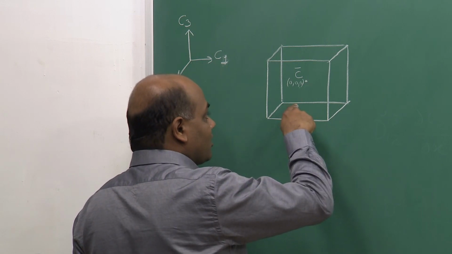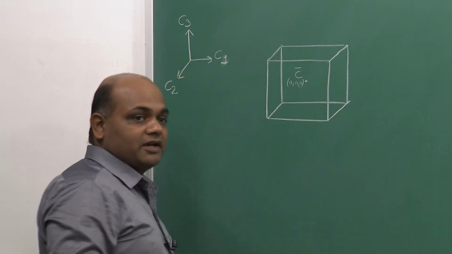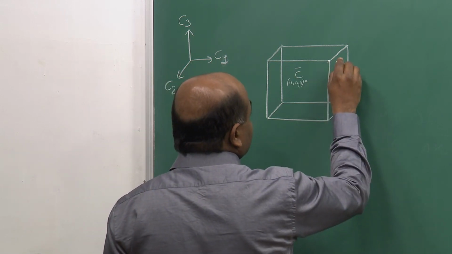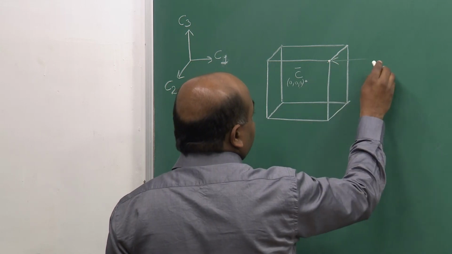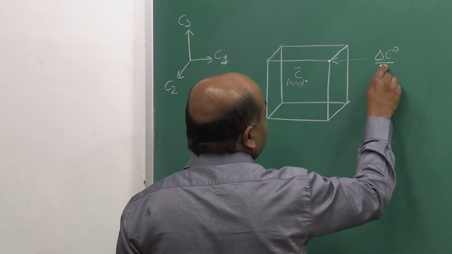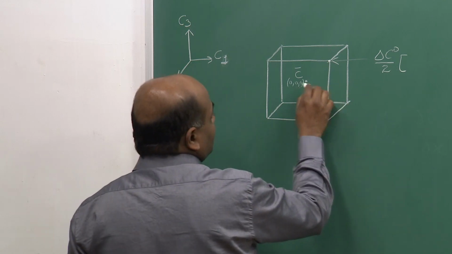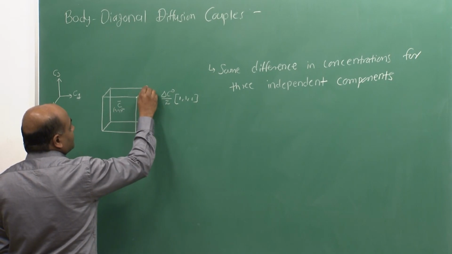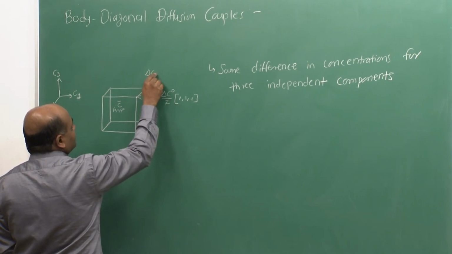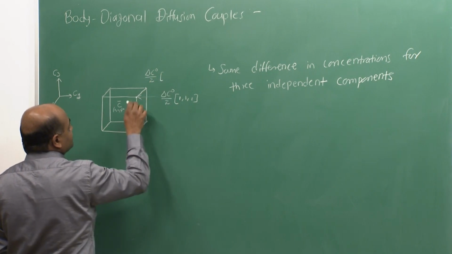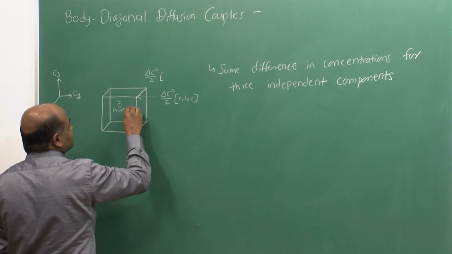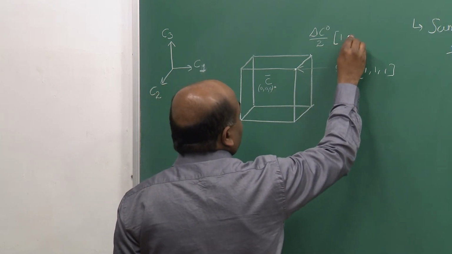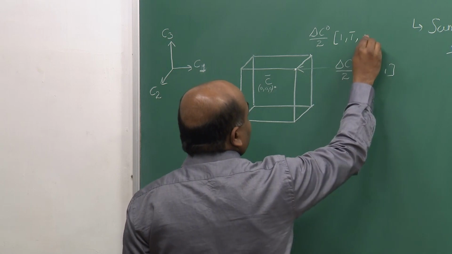That is, the terminal alloys are from the 8 corners of the cube. So, obviously, this corner will be delta C0 by 2 (1 1 1). This will be delta C0 by 2 (bar 1 1 1).